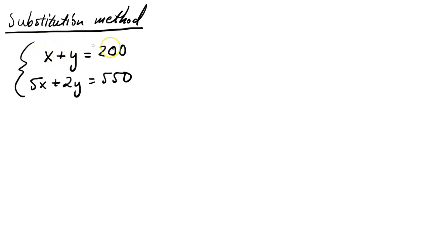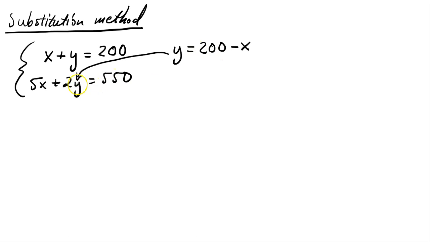We see that if this should be true, then we must have that Y is equal to 200 minus X. So if the first one should be true, then we know that the number of bags of bananas should equal 200 minus the number of bags of apples. And let us now substitute this into the second equation, because this is the condition of the first equation being true.